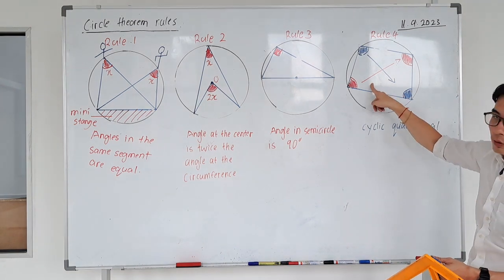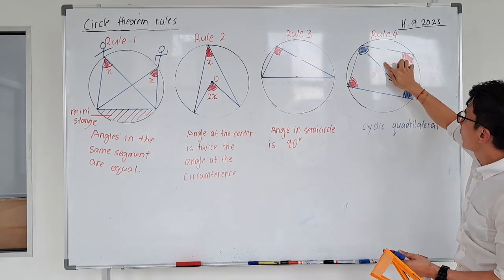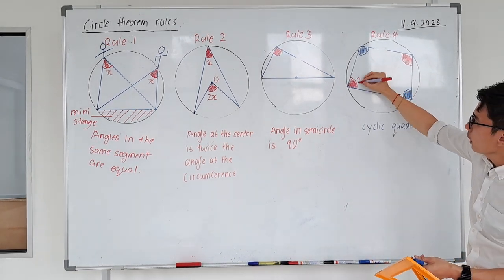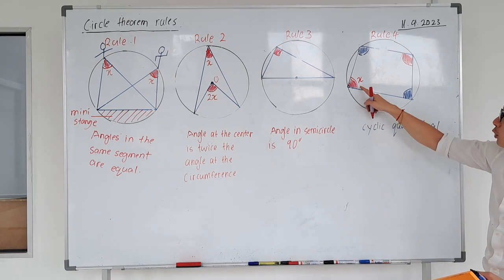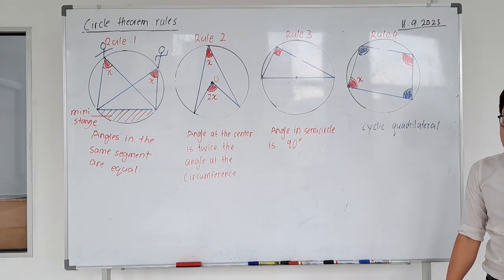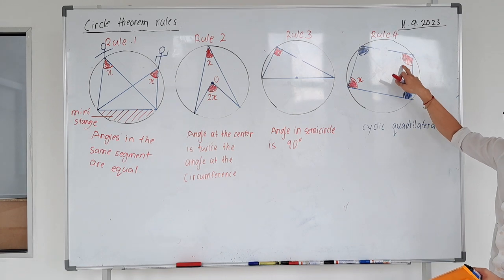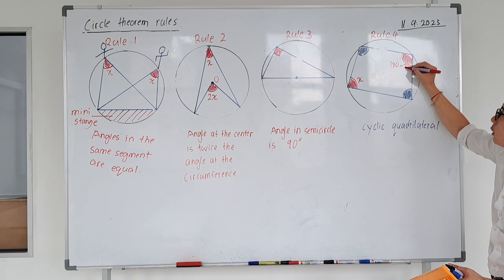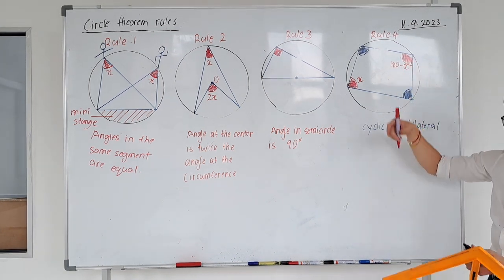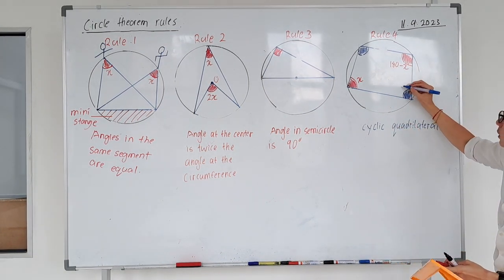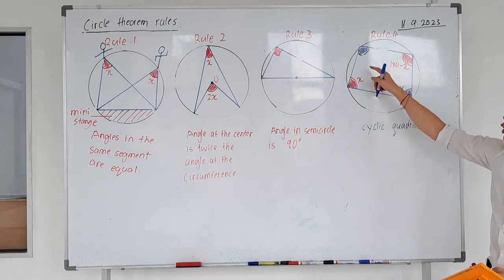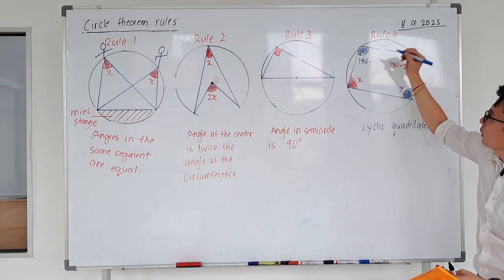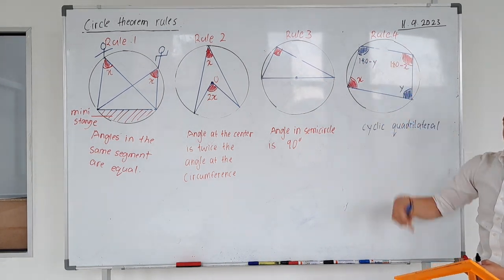Okay? So based on this, I can write an expression for my angles over here. So let's just say this is angle X, and since I know that both of these add up to 180, if I'm interested to know what this angle is, I can just take 180 and subtract X. That will give me the angle for this. In the same case, let's just say this is angle Y, if I'm interested to find what this angle is, I just have to take 180 minus Y, and that will give me the angle.